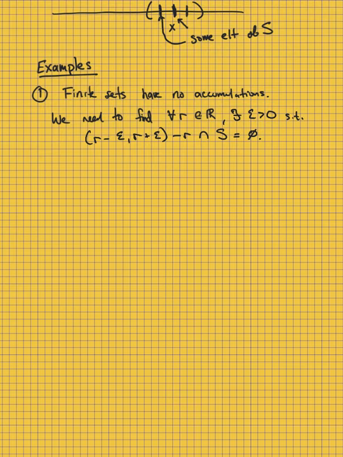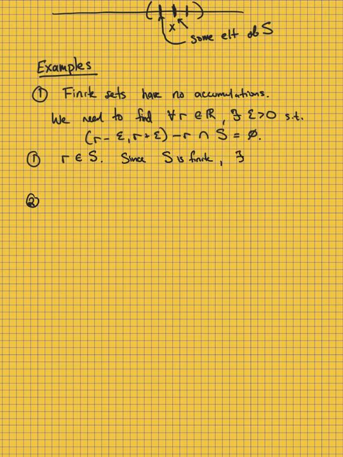Okay? So notice, what could happen is r might be an element of S. So usually there's kind of two cases here. Okay? So r is in S. Since S is finite, there's some minimum value or some minimum distance between r and all the other elements.